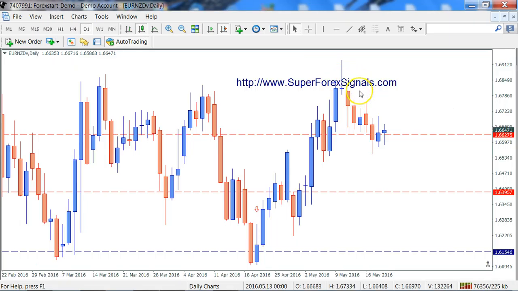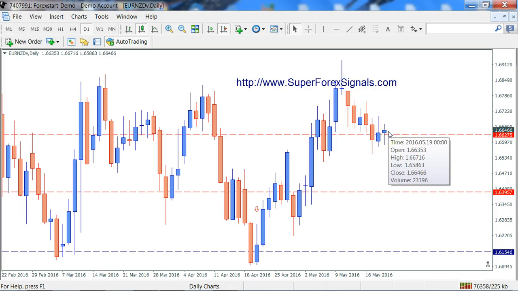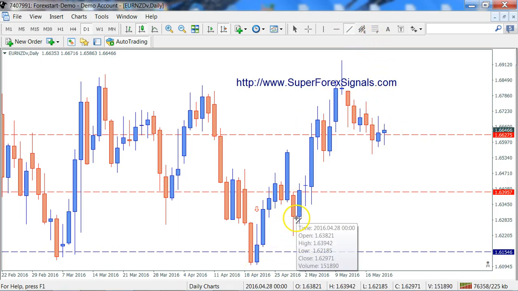Euro New Zealand still in this particular trade, holding at the 1.6627 level. This was looking to be a nice kangaroo tail yesterday. Anyway, we'll see what happens with this particular trade. You can see this here, another one.